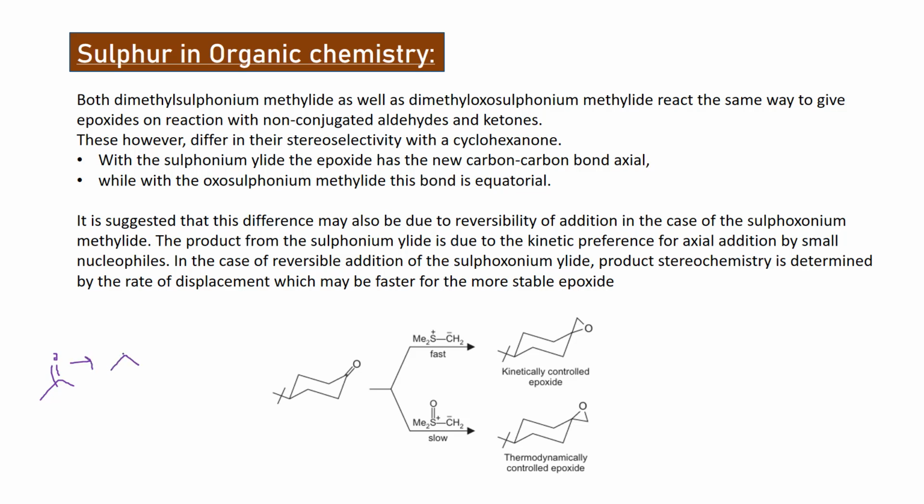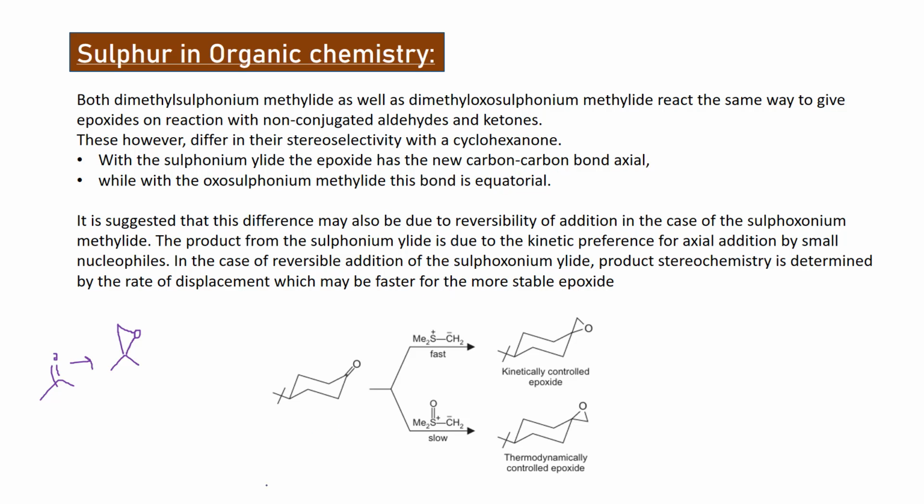But if it is an alpha beta unsaturated ketone or aldehyde, then the sulfonium ylide will give specifically the epoxide, but the sulfoxonium ylide will react with the alpha beta unsaturated double bond and give a cyclopropane type of system.